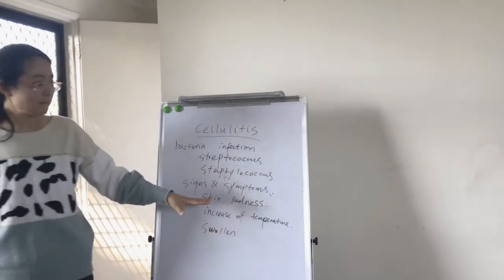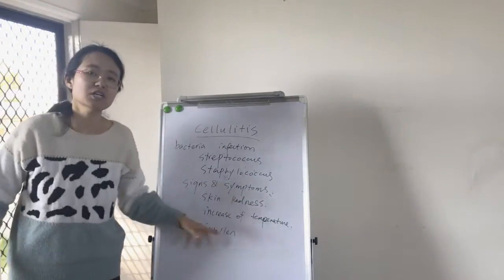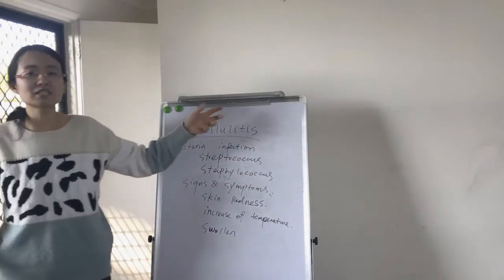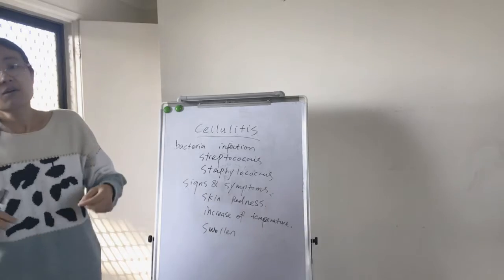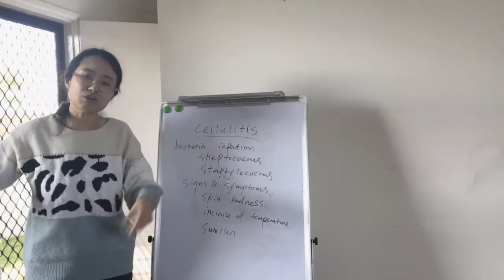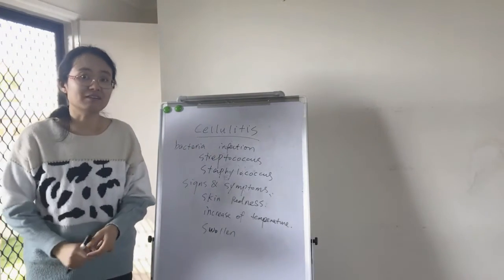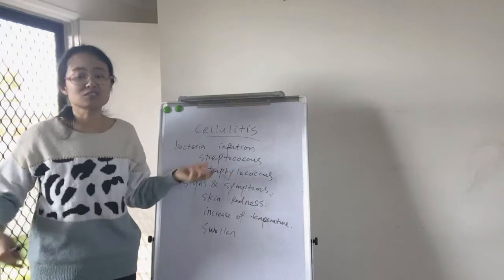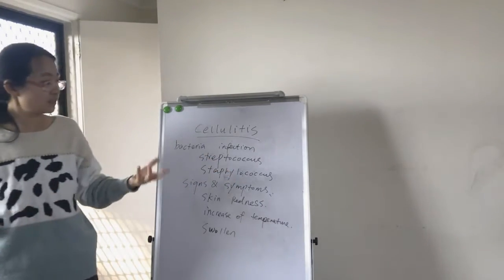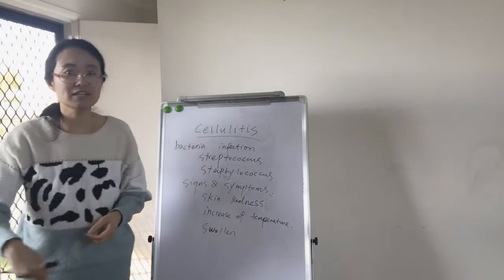So what causes these symptoms? We know that it's a skin infection. Why can this bacteria travel inside your skin? Because they need to have a chance to go into the skin. So what can give you more chance of getting this bacteria?